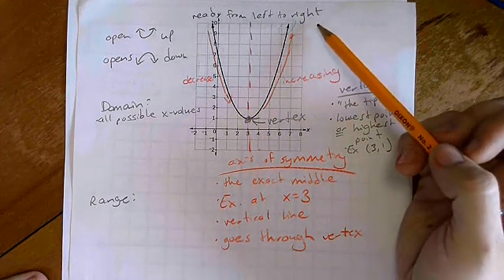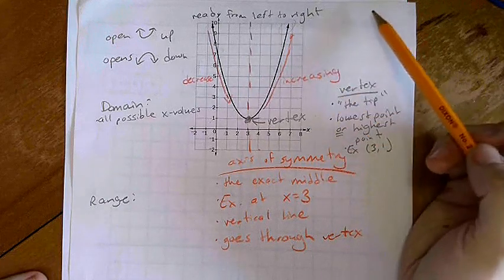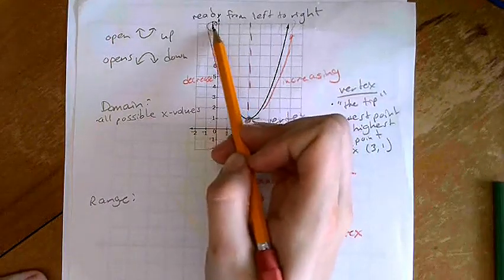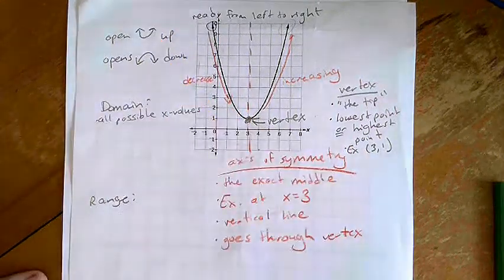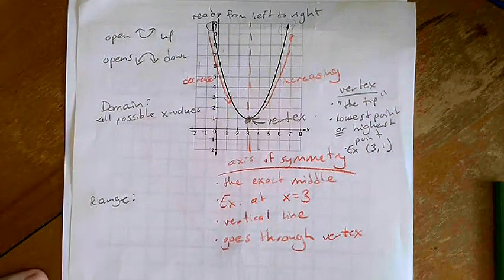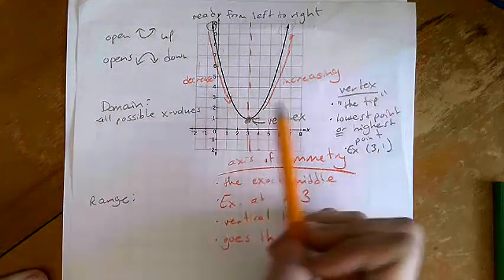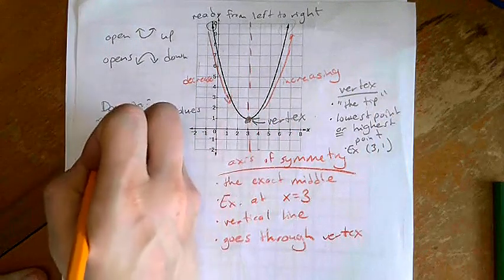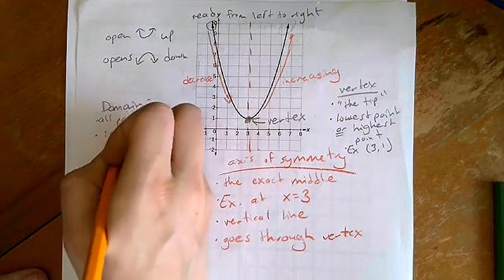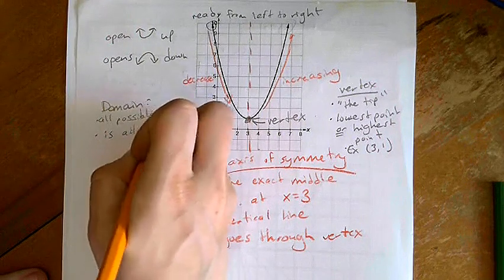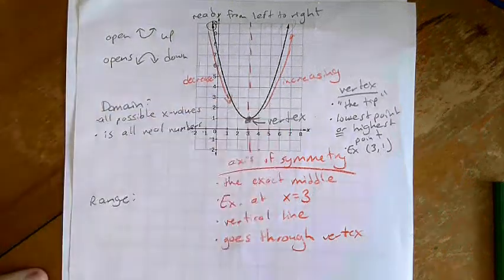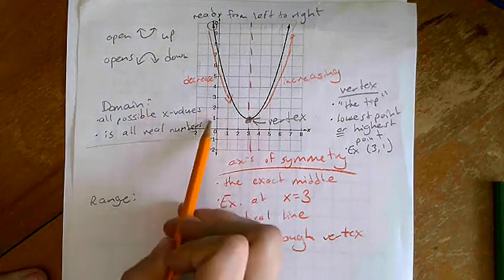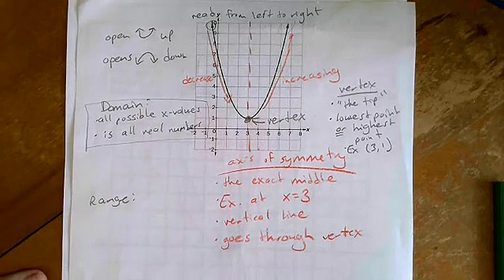So that means it's going to touch every x possible to the right. We also have an arrow over here. That means it keeps going to the left, going and going and going. So if it keeps going all the way right and all the way left, that means the domain is all real numbers. For all parabolas, this is the case. The domain is all real numbers for all parabolas.